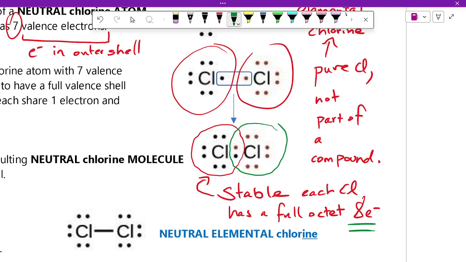And I don't know if you remember, but in Lewis structures, we can represent the shared electrons. Instead of using dots, we can use a line. That is a pair of shared electrons.